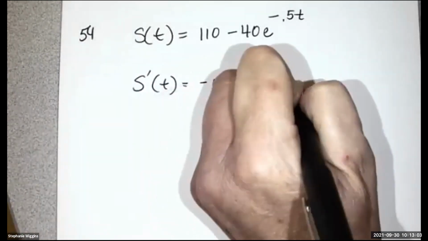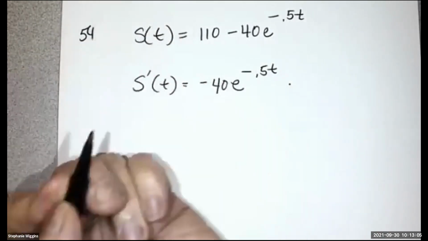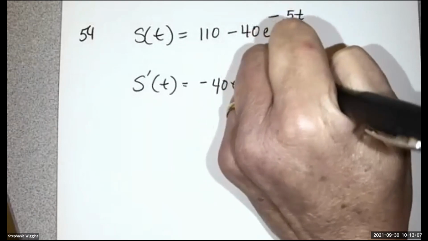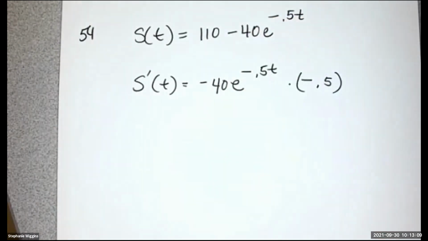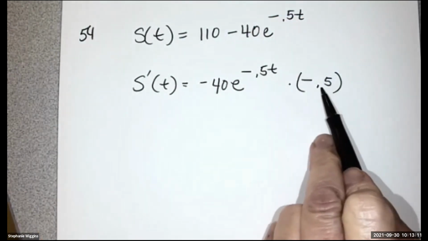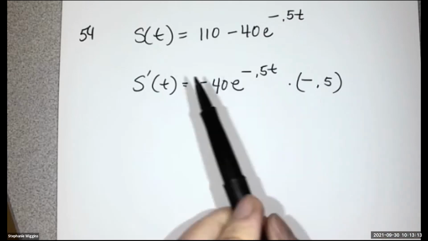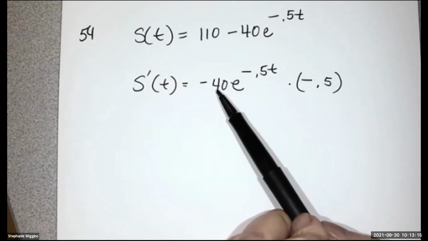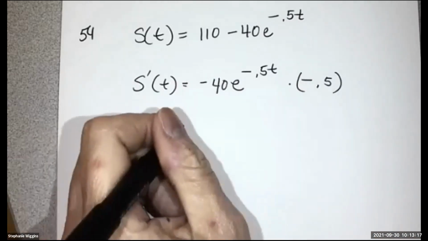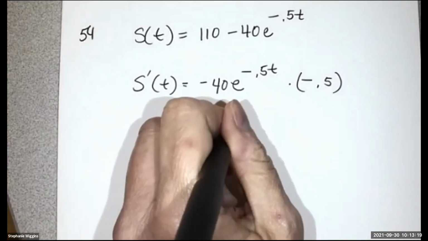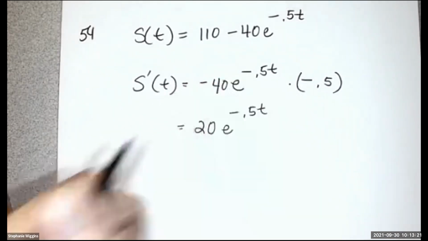But then I multiply by the derivative of the exponent, that's step 3. In this case, it's negative 0.5, and 0.5 is just 1/2. So 1/2 of 40 is 20, and then I have a double negative, so it's going to be positive 20e to the minus 0.5t.